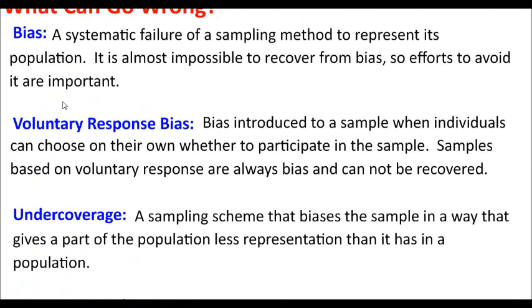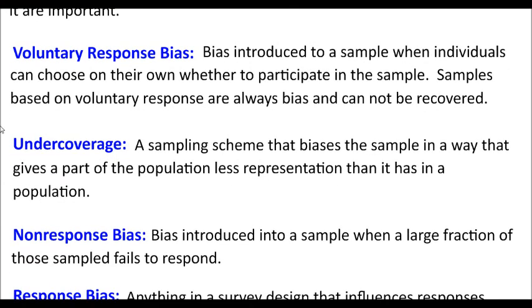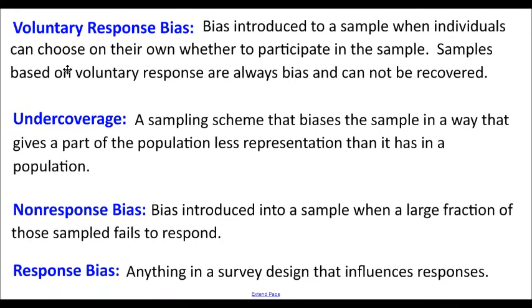Bias is anything that steers your direction one way or another, either towards a certain group or towards a certain outcome. That can be based off of voluntary response bias because you have certain people who are more likely to respond on their own than others. Undercoverage is when you have a large population of a specific group who is not represented.